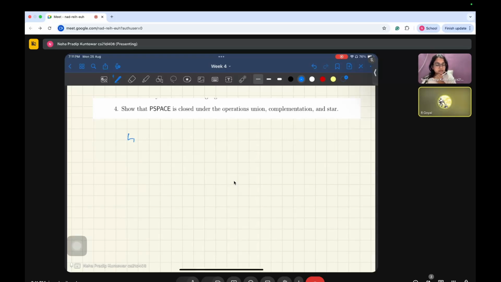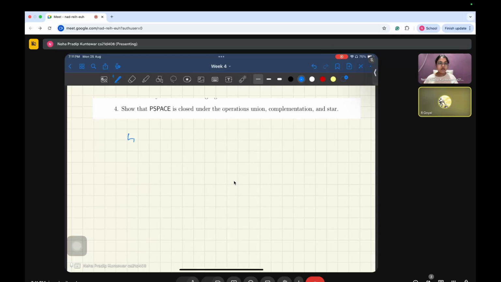If L1 is in PSPACE, we have a machine M1 which runs in polynomial space, and for L2 we have a machine M2. For the union, we would run these machines in parallel, so that either the first machine will decide or the second machine will decide.